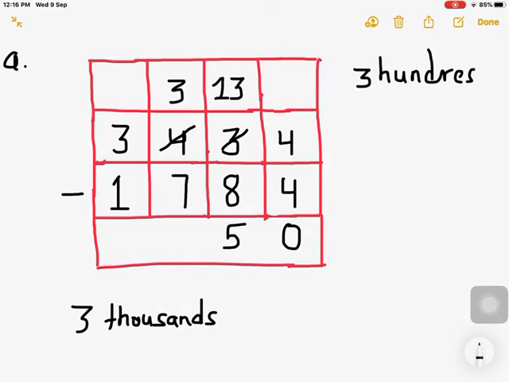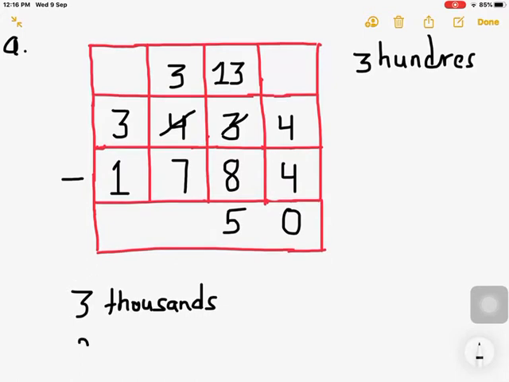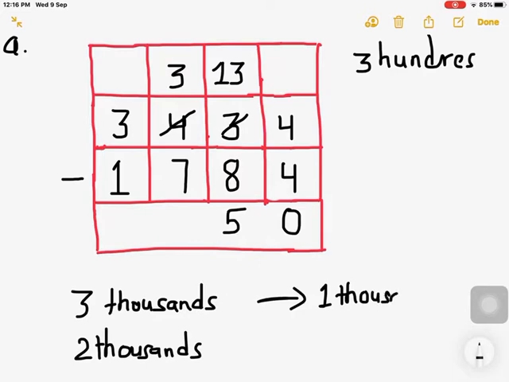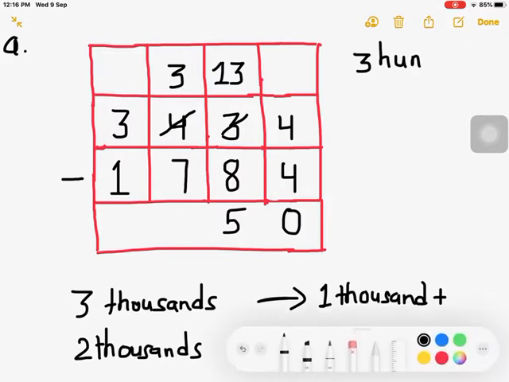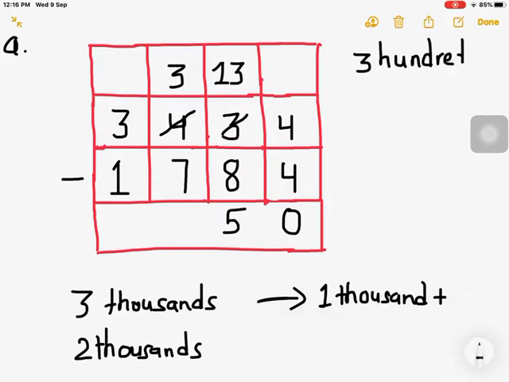So after we borrow from the thousands place, here we have 2000s, okay, and it will give 1000 to the hundreds.